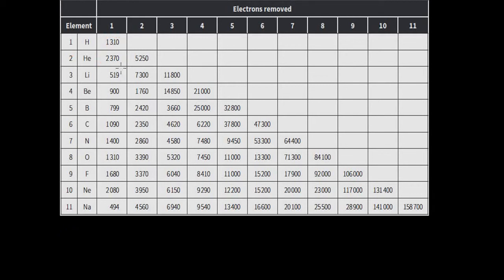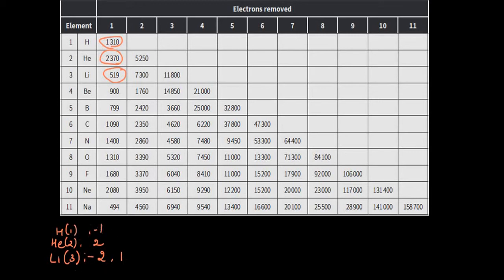Now if we compare the first ionization energy of lithium, we can see that it is much lower than the first ionization energy of helium and hydrogen. If you compare the electronic structure of lithium, with proton number 3, we can see that its electronic structure is 2,1, while in helium it's only 2 and in hydrogen it's only 1.